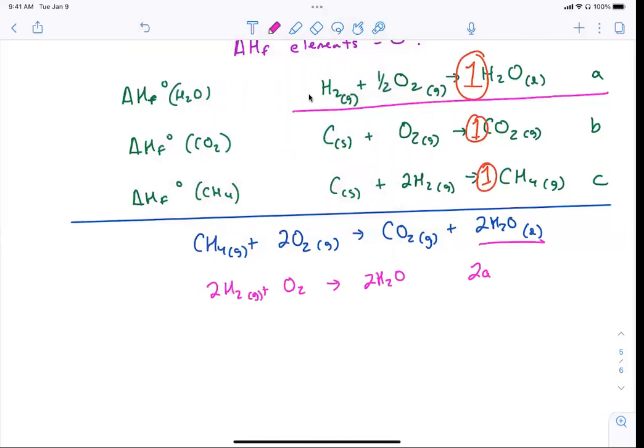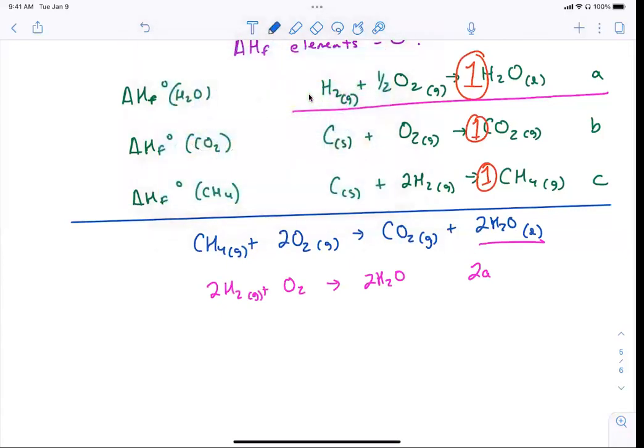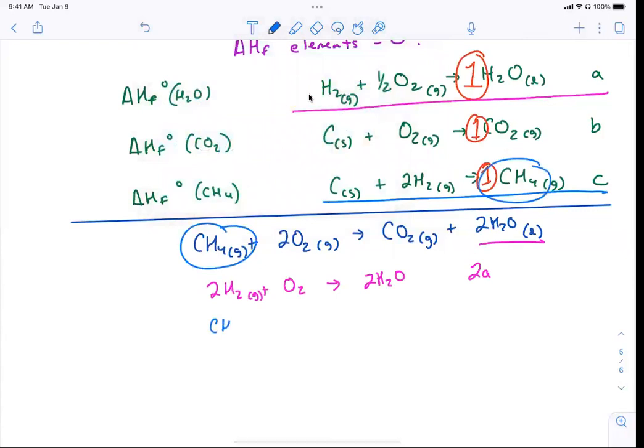And I would flip C, because the CH4 needs to match the CH4 here. So this becomes C solid plus 2H2 gas.